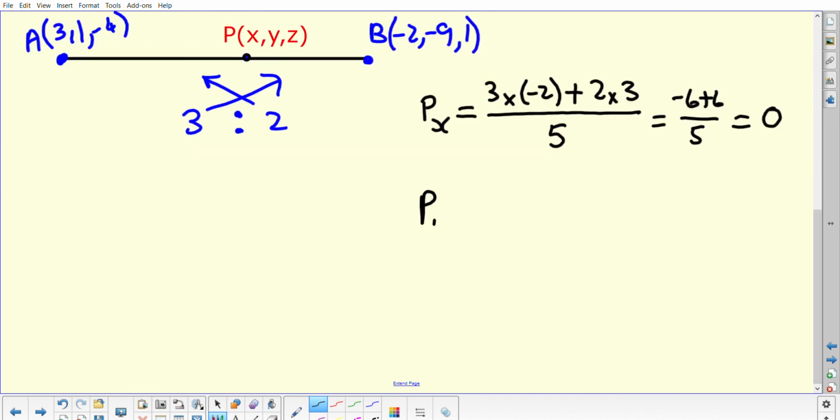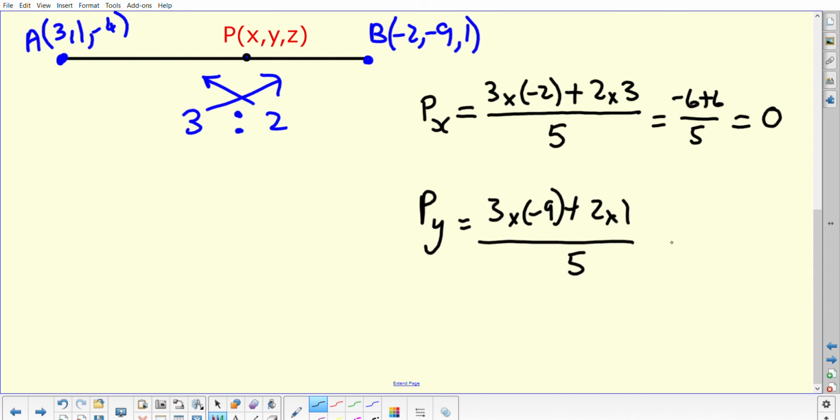For the y coordinate, I would be doing 3 times minus 9 plus 2 times the 1, the y coordinate, and that is all over 5. So that's going to be minus 27 plus 2, so that is minus 25 over 5, which is minus 5.